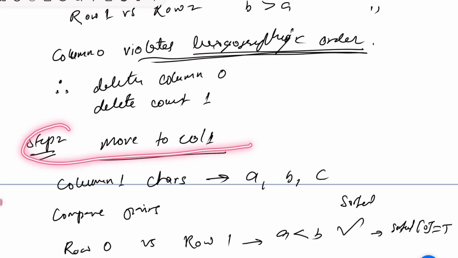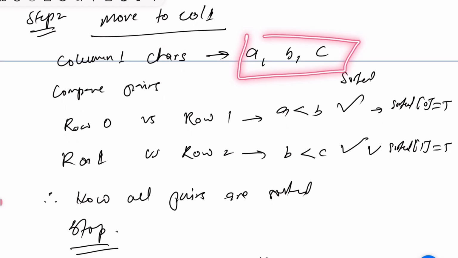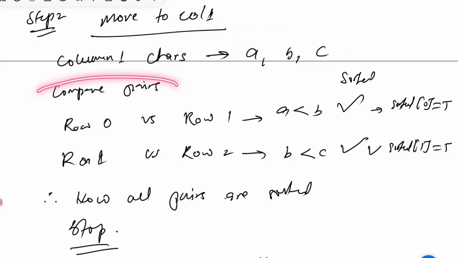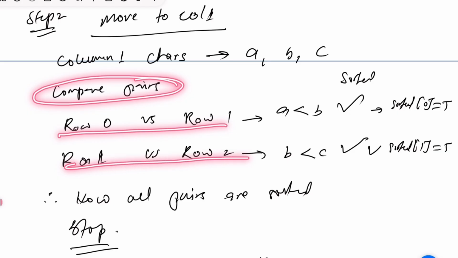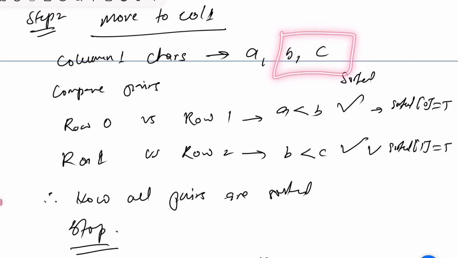Now we'll move to step 2, where we move to column 1, and in that case we'll say, okay, the column 1 characters we have are ABC, that we can see in the table. Now we have to compare. If you compare these two, you will say both are good, because A and B are sorted and B and C are sorted.